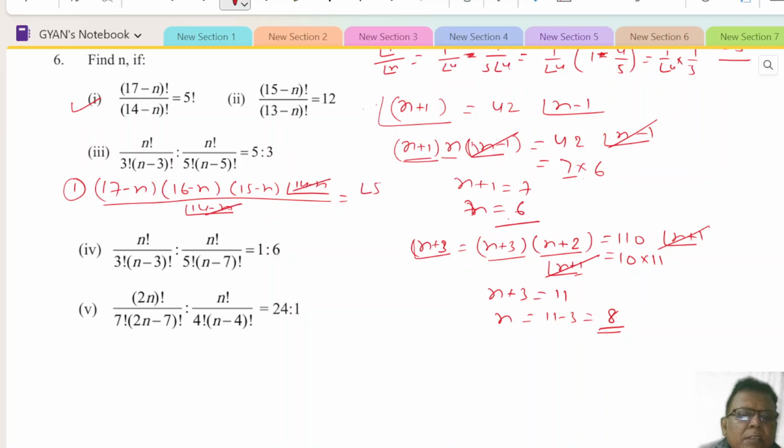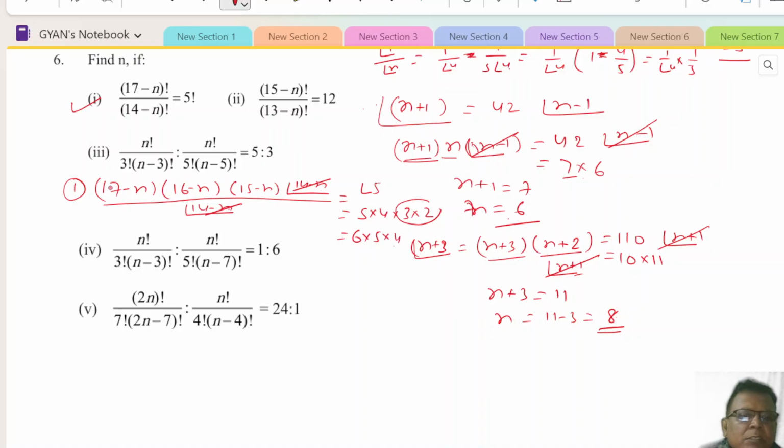So this will get cancelled. This is 3 consecutive numbers. So 3 2 is 6. So these 3 consecutive numbers can be written as 6, 5, 4.